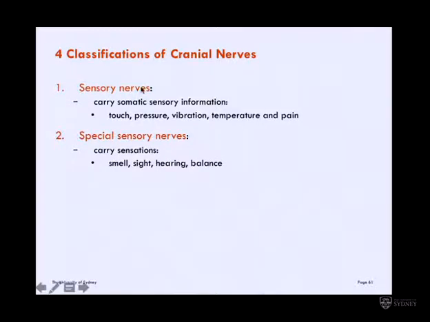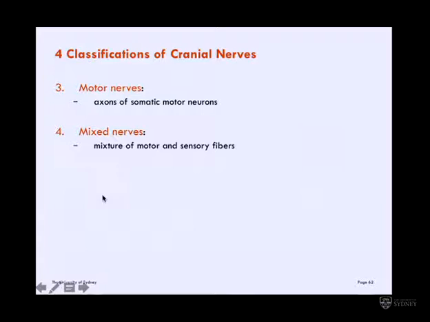Here's the type of information that these sensory nerves carry. Special sensory nerves, carried by highly specialized neurons. Okay? You can't smell with your touch receptors, or you can't see with your pressure receptors. So these are highly specialized. Your motor nerves and your mixed nerves. Okay? So 4 groups.